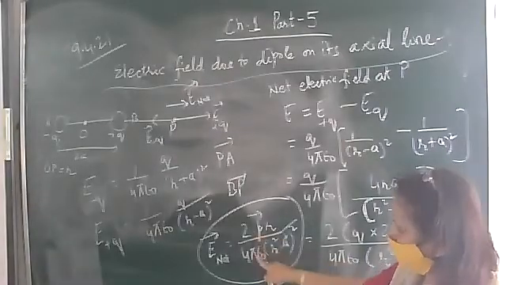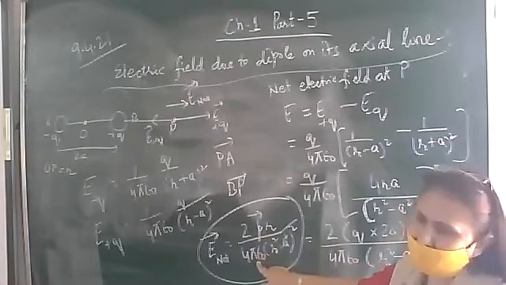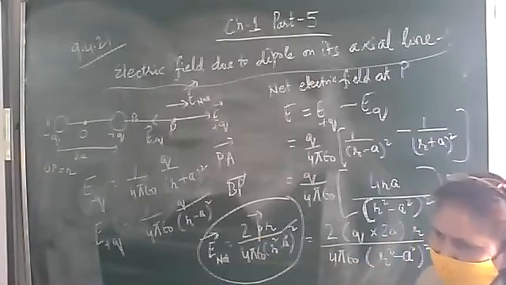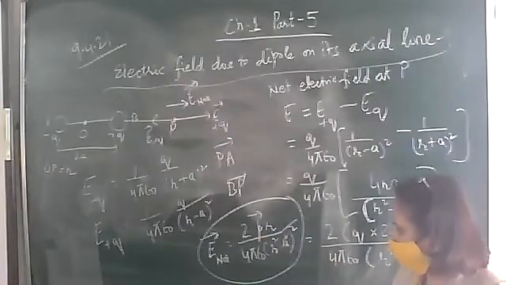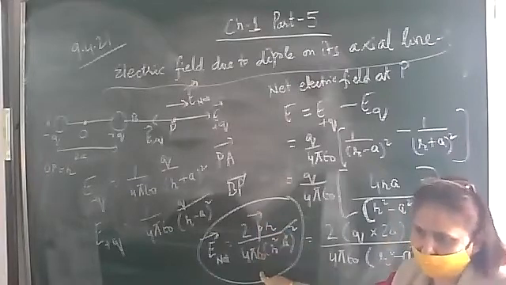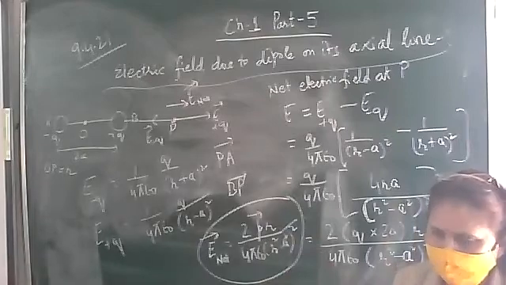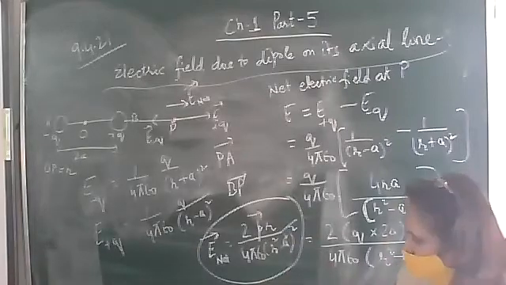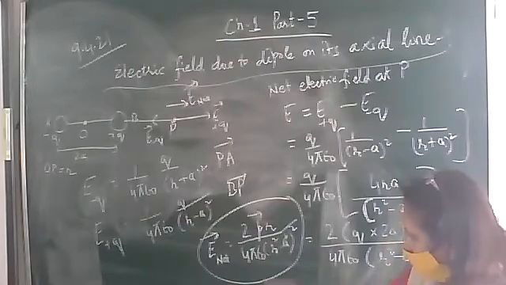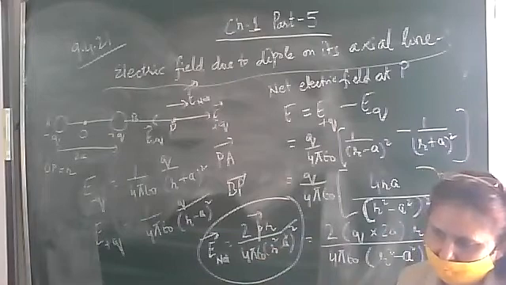Don't cut the 1 upon 4 pi epsilon naught. It is 9 into 10 raised to 9, or many times we write it as k also. This is the constant of proportionality. If you cut it to 1 upon 2 pi epsilon, when we are using it in the numerical, again you have to multiply and divide it by 2, because 1 upon 4 pi epsilon naught has a value 9 into 10 raised to 9. So better not to cut it. And sometimes it is written as k only, constant of proportionality.